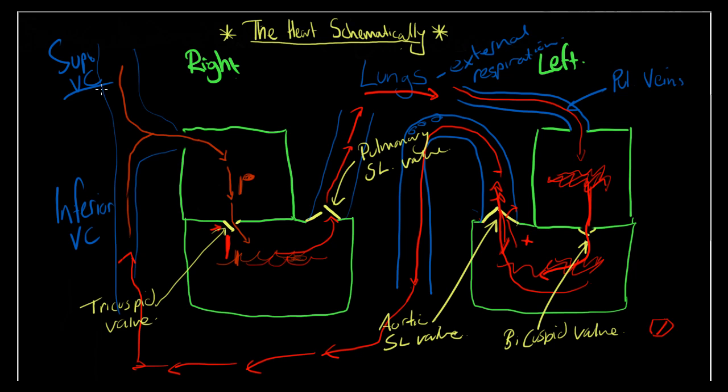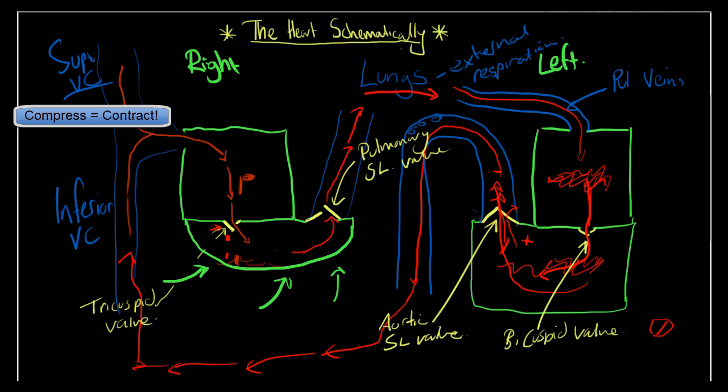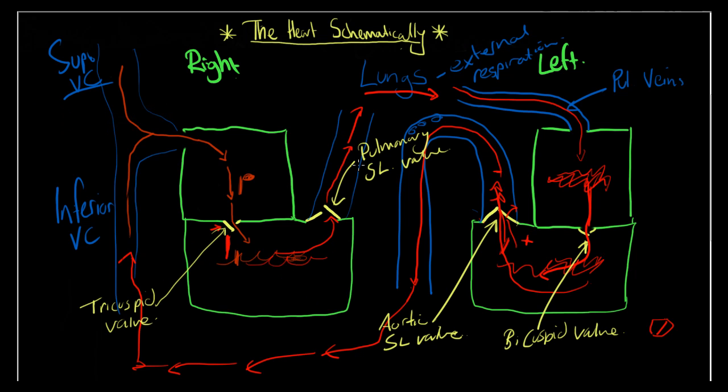Okay, so we'll go through that once more. We get deoxygenated blood into our inferior and superior vena cava. It goes into our right atrium. It compresses and goes into our right ventricle. Then our ventricle compresses, and the blood goes into our pulmonary artery. It goes into our lungs, where we dump off as much carbon dioxide as we can and bring up a bunch of oxygen.